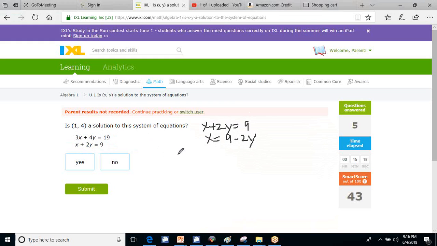The first equation, so this equation said 3x. I tell you what, let's write out the equation first. This first equation is 3x plus 4y, and that's equal to 19.